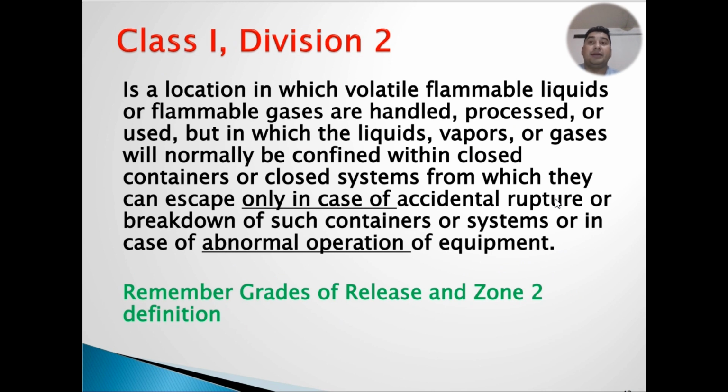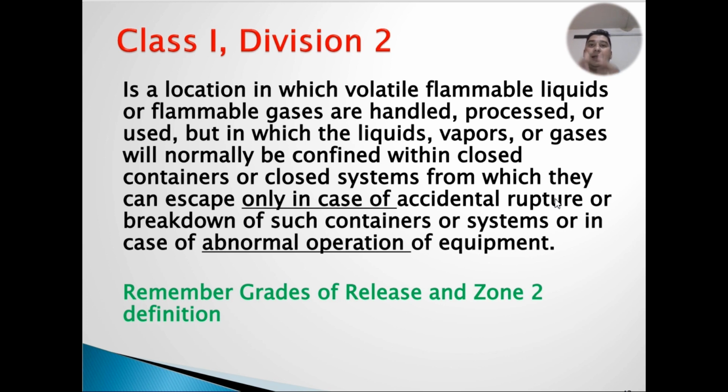Now, class 1 division 2 is a location in which volatile flammable liquids or flammable gases are handled, processed or used, but in which the liquids, vapors or gases will normally be confined within closed containers or closed systems from which they can escape only in case of accidental rupture or breakdown of such containers or systems, or in case of abnormal operation of equipment.